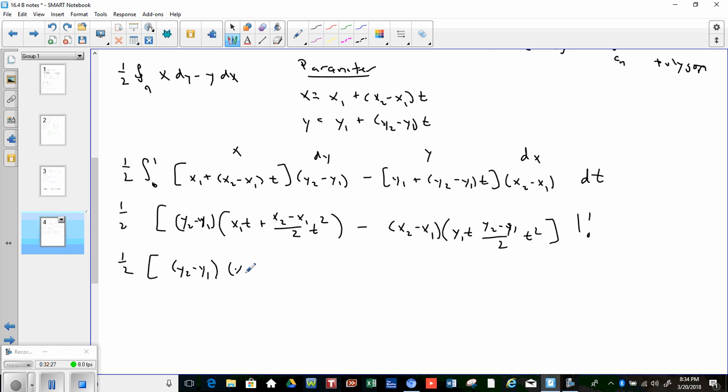This is going to give me x1. If I plug in 1 here, that's 1, so it's really going to give me plus 1/2 x2 minus 1/2 x1. Okay, I'm only breaking this up to simplify it later. Same idea here, x2 minus x1, and then plugging the 1 in for t is going to give me y1, oops, not y11.